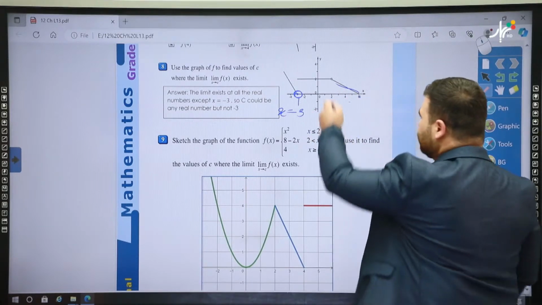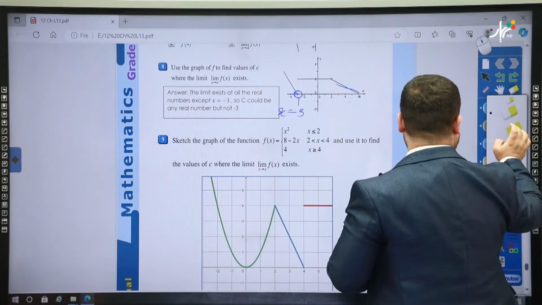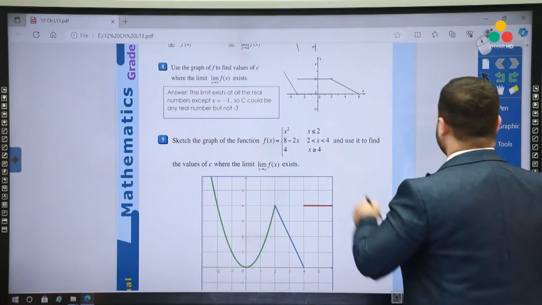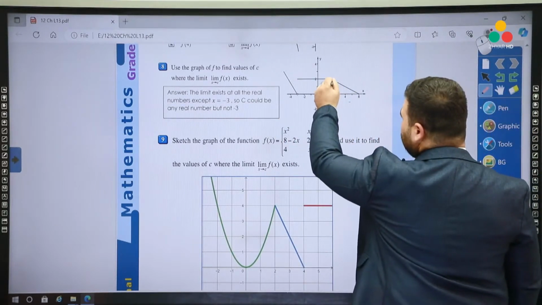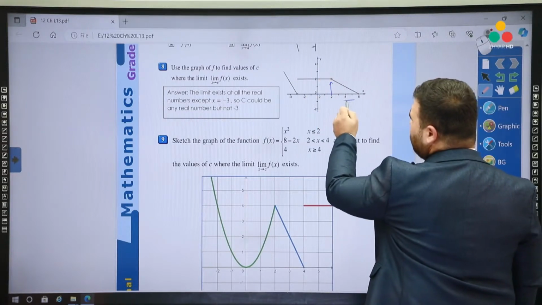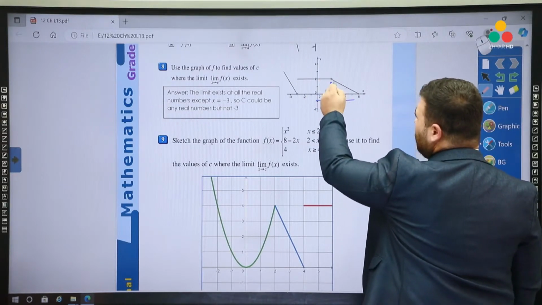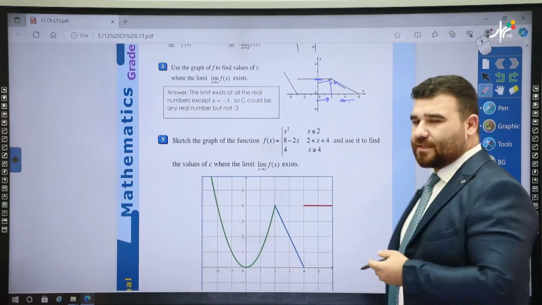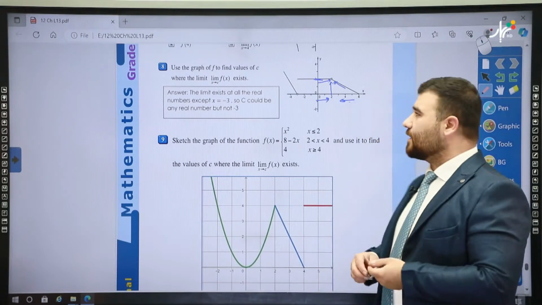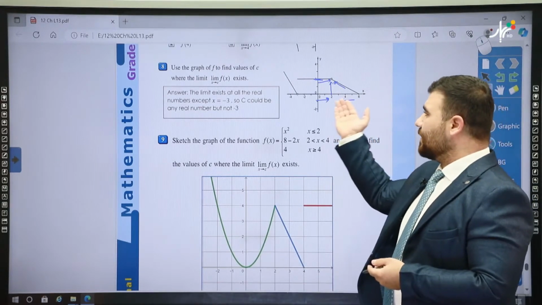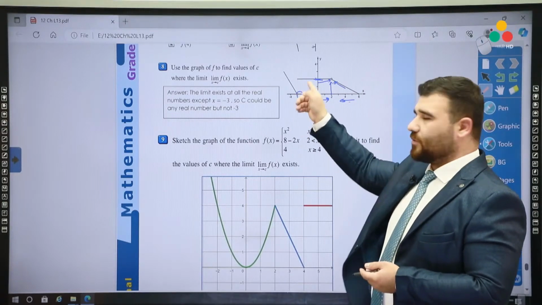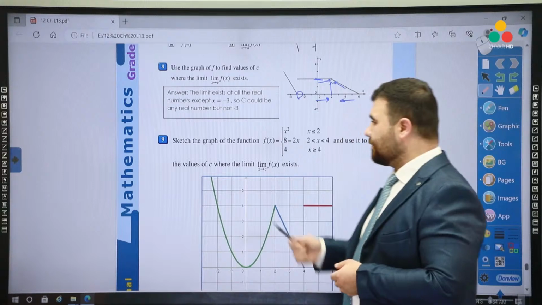Even at 2, the limit exists because the right side of 2 and the left side of 2 both approach 2. At 2 the limit exists and the result is 2. This means c could be 2, c could be any other real number except -3, because at -3 the graph is broken, it has no limit.